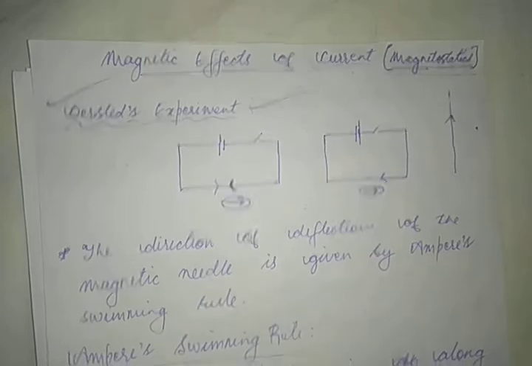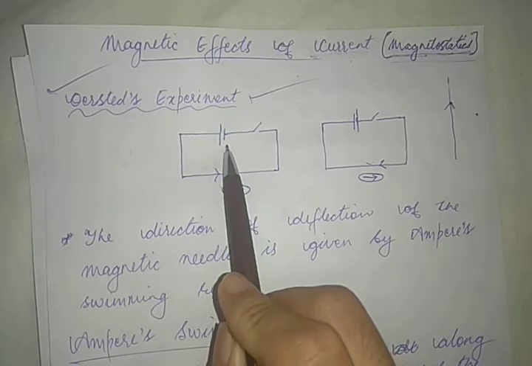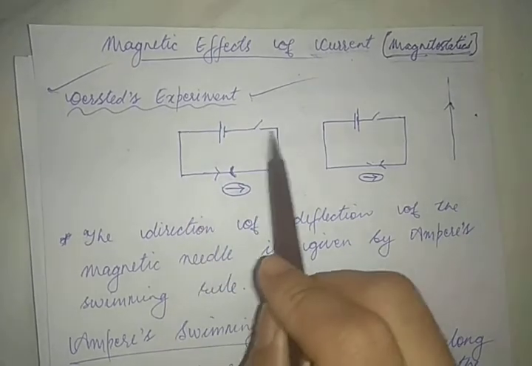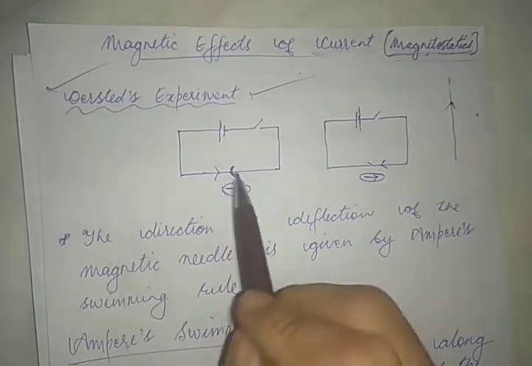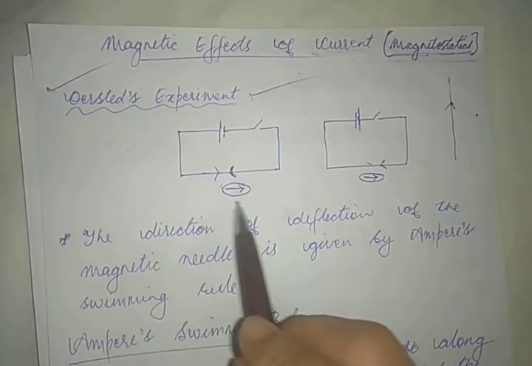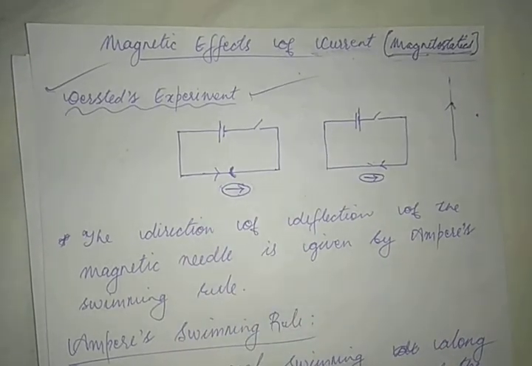So what happens is you have a cell, and a current is flowing through the circuit. This is the key. What was noticed by Oersted is that he had a magnetic compass close to this current carrying conductor.